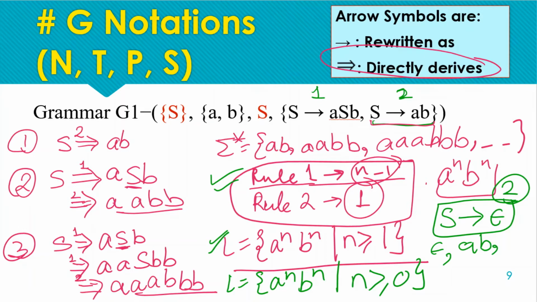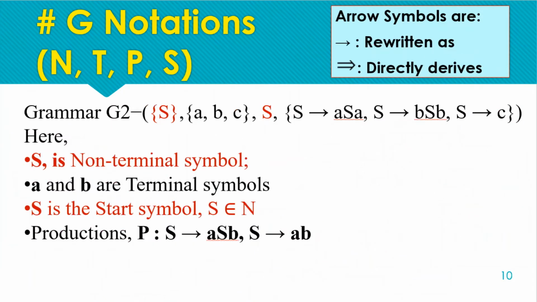So moving to the second example, here we have only one non-terminal, S, the terminals are A, B, C, and S is the start symbol. The production rules are this first production rule, second production rule, and this is the third production rule.